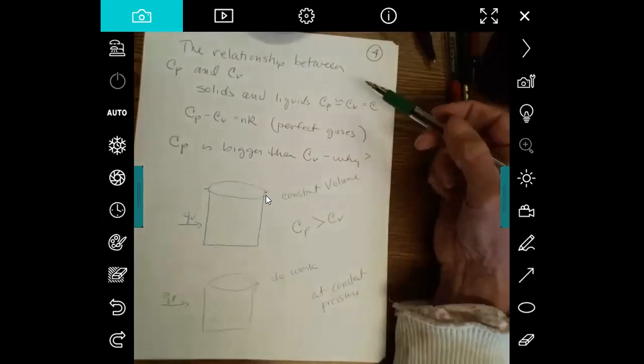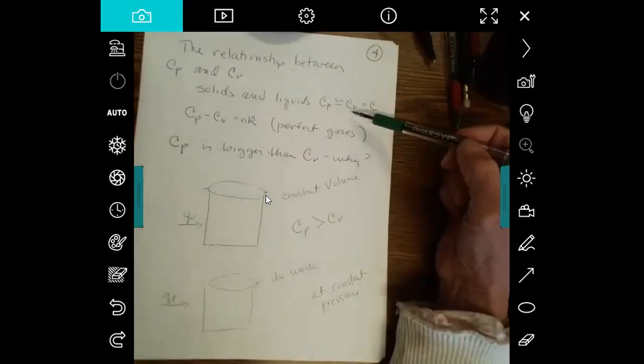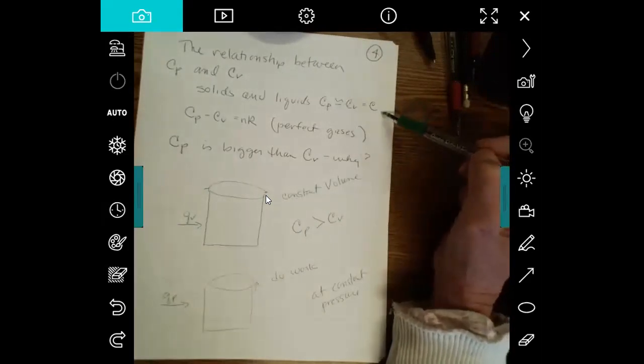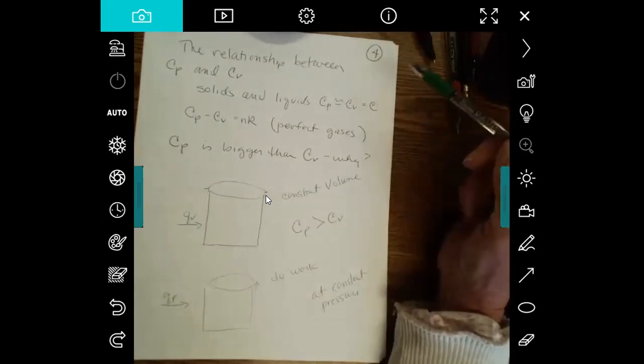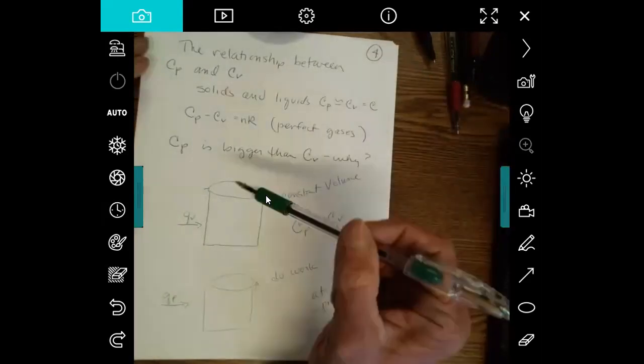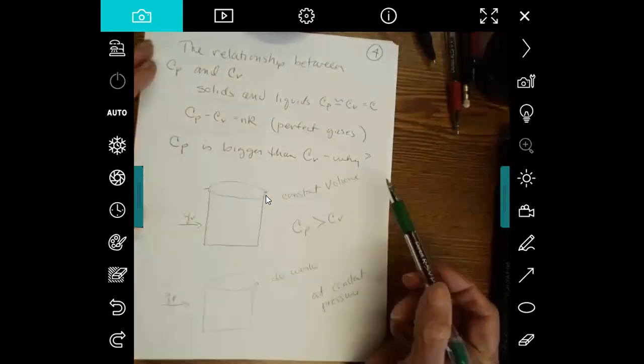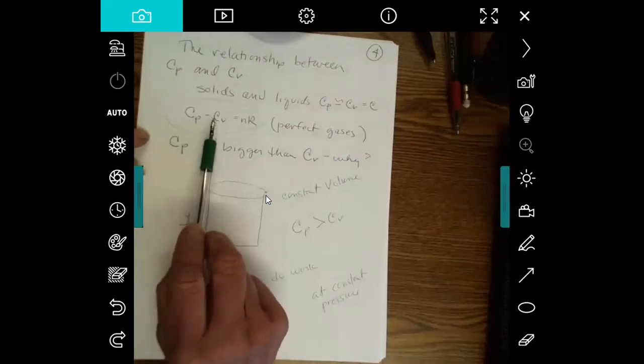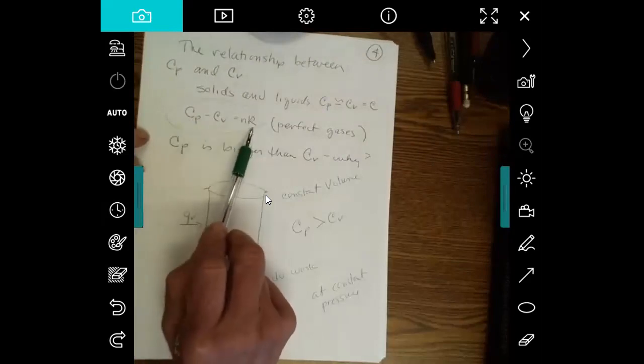And we'll see in a little bit, for solids and liquids, they're about equal to each other because you add heat and they're not going to expand or compress. So we usually talk, when we talk about liquids and solids, just about a heat capacity. But for perfect gases, we'll see where this comes from in a little bit. For a perfect gas, this will always be bigger than this by n times the gas constant.